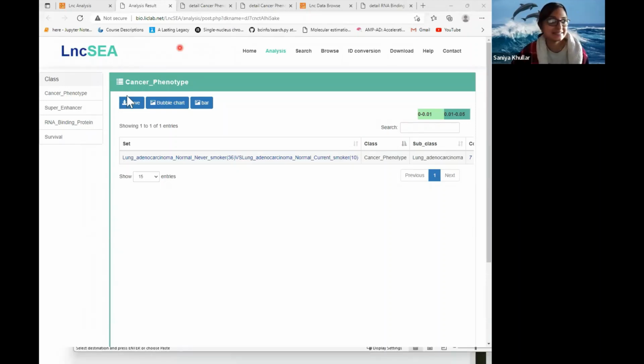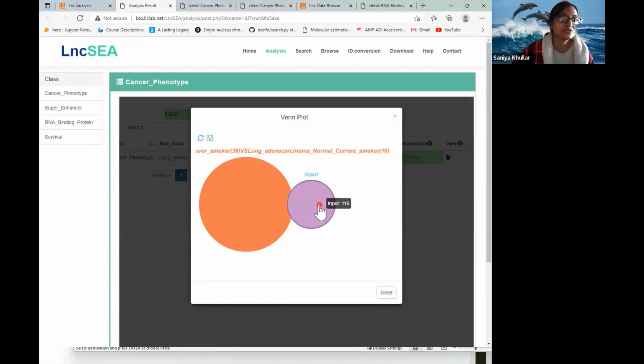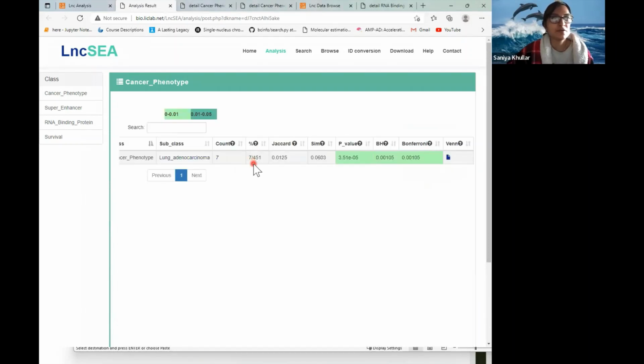So now when I finish this here, again, we see that this lung adenocarcinoma seems to show up here, but now we have 7 that overlap, and we again can see these overlap here. We can see in the Venn diagram that now our input is 116 lncRNAs because the set that we put in is 116. The overlap is 7. And again, this remains the same at 451.